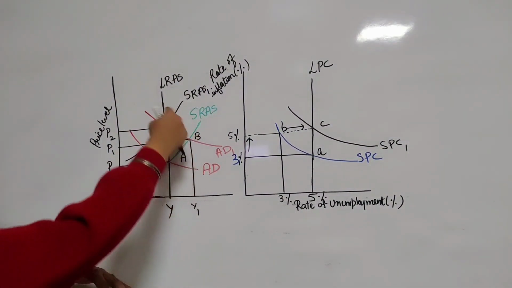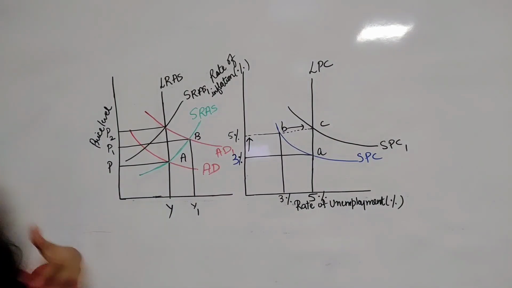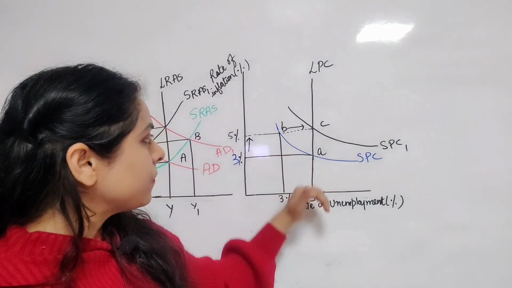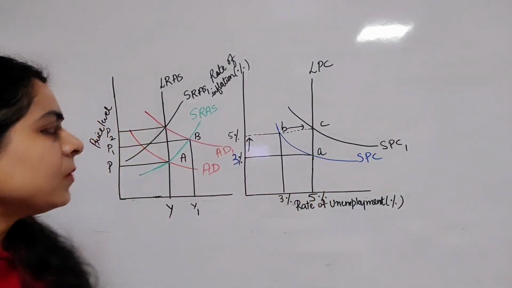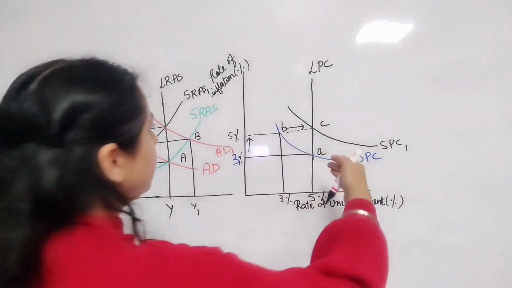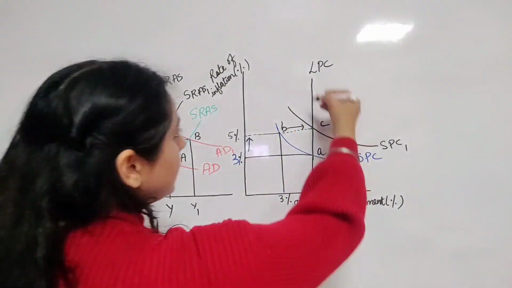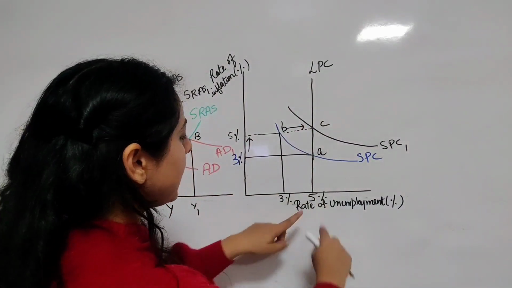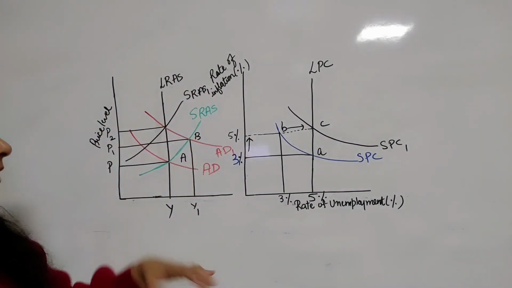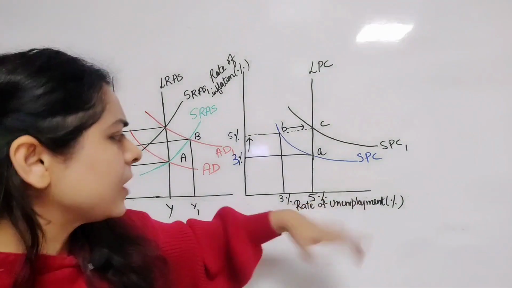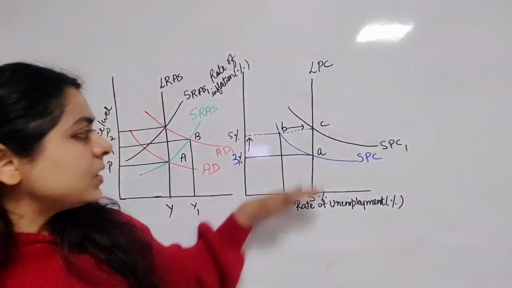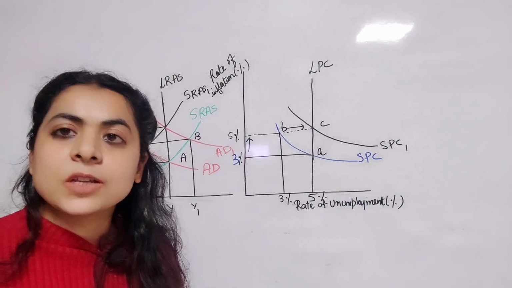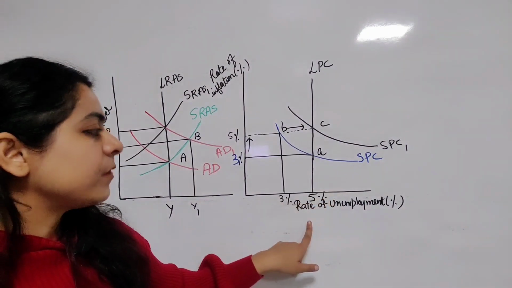So as a result, there will be a fall in the short-run aggregate supply when the workers start asking for higher wages, and the short-run Phillips curve will shift upward at a 5% rate of inflation. Ultimately, as we can see here, in the long run, we will have this vertical Phillips curve at the 5% natural rate of unemployment. And so the long-run Phillips curve is a vertical straight line, which shows that any rate of inflation can occur in the long run at the natural rate of unemployment.